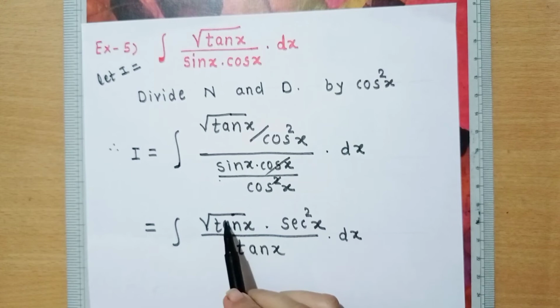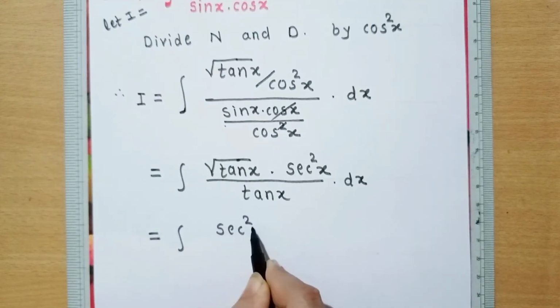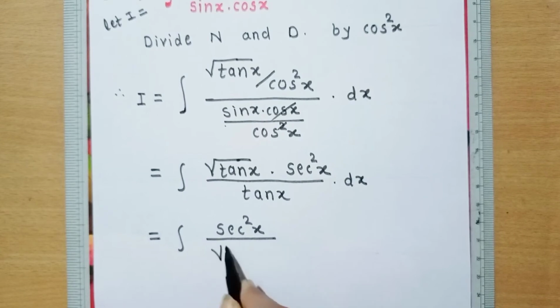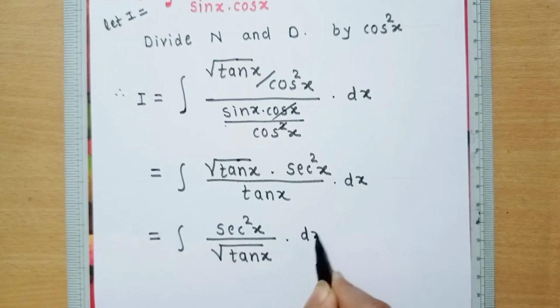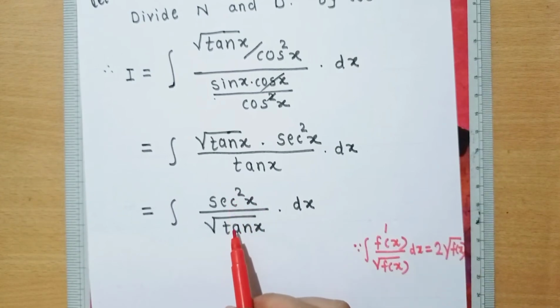Again in the next step, root tan x and this tan x, so 1 root tan x gets cancelled, and that is equal to the integral of sec square x in the numerator, and root tan of x remains in the denominator, and here write down dx. We know f dash x upon root fx is 2 root fx, and by this formula, since the derivative of tan x is sec square x, directly its answer is 2 root tan of x.